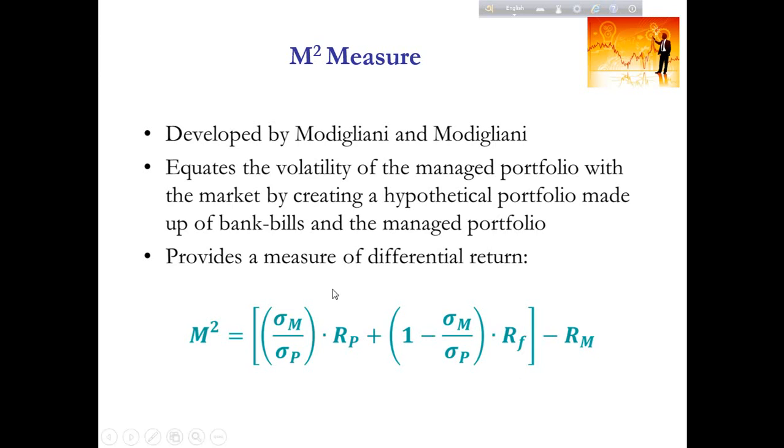We then subtract the market return at the end, and what we have effectively done is compare two portfolios with the same standard deviation. The difference in returns between our hypothetical portfolio in square brackets and the market return gives us the degree of over or underperformance.